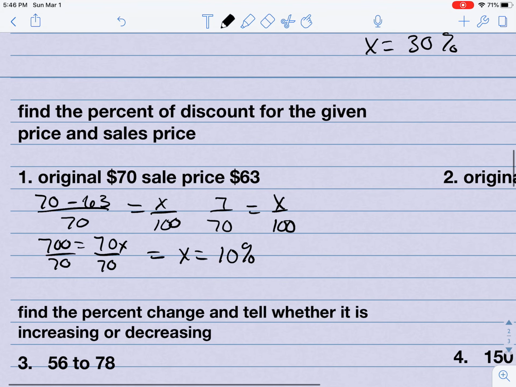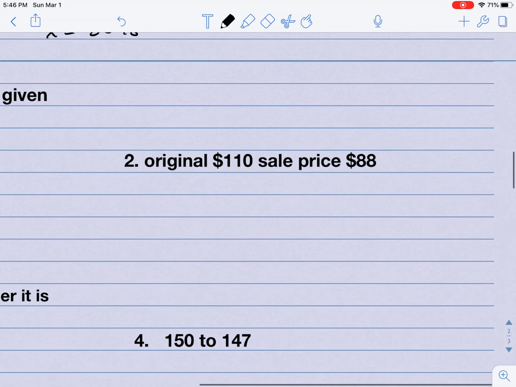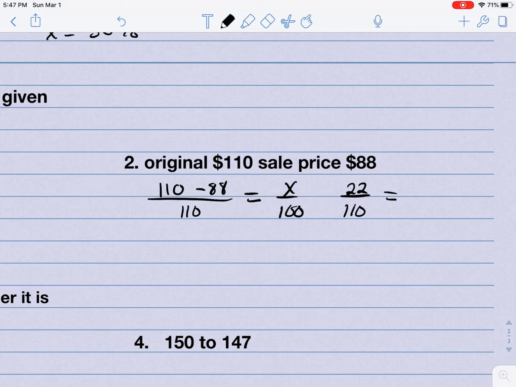I'm sorry. Give me a second to just look over that. Okay, next one. Original price is 110. Sales price is 88. So original minus discounted price over 110 is equal to x over 100. Okay, once again, you have cross product. 110 minus 88, that's going to be 22 over 110 is equal to x over 100.